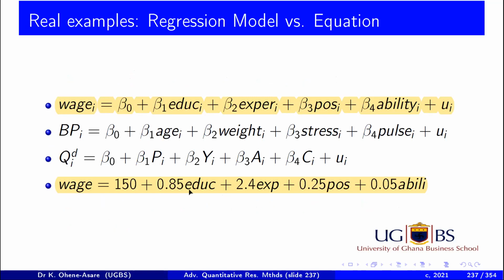Behind the scenes, the process it goes through before getting that 0.85 is a serious thing. That beta, you don't observe it. You don't see it. And so we have to estimate it. And that is what we've estimated and gotten the 0.85.